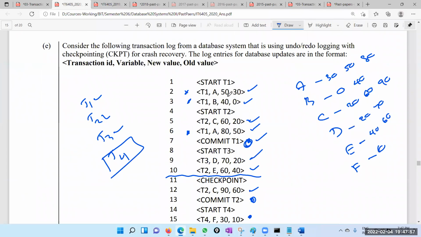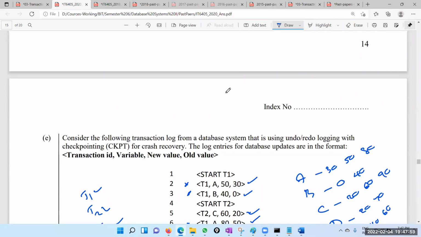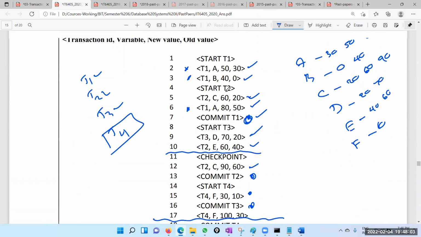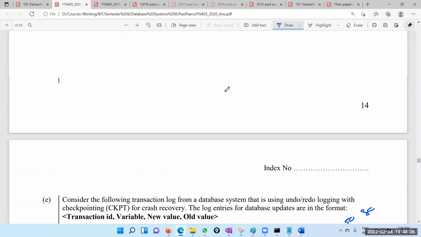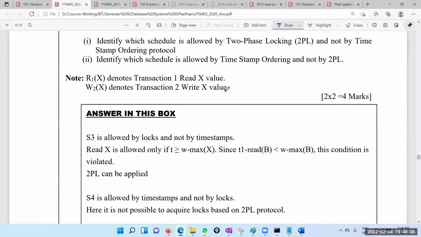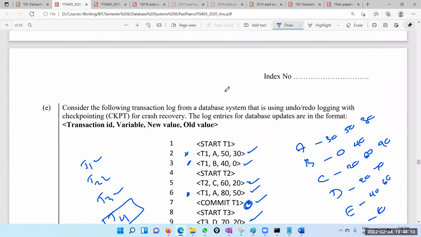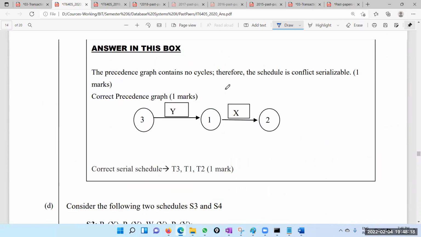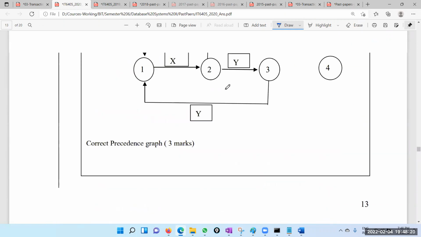So shall we do the 2020 paper then? What is the question they ask? Yeah, E part. Or shall we do the entire question?